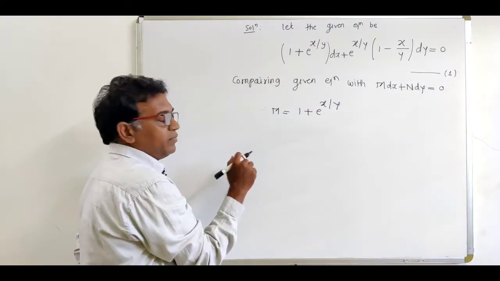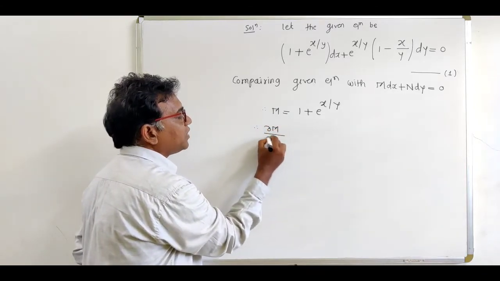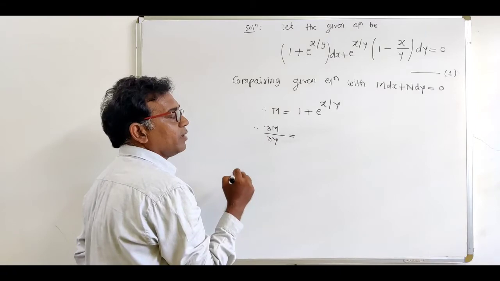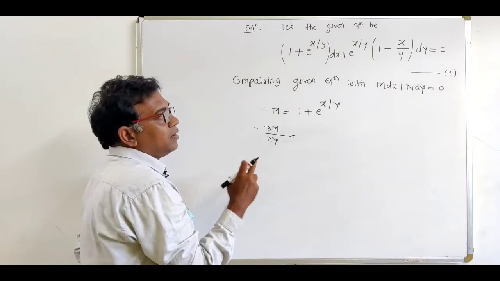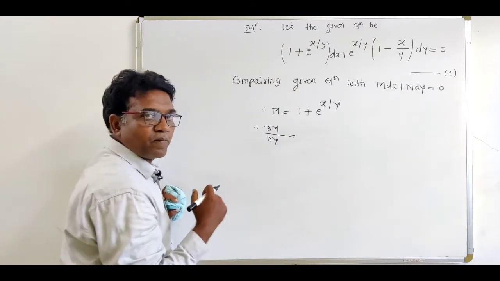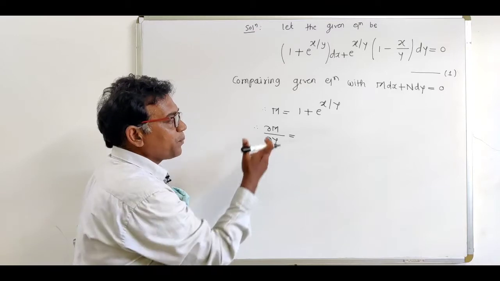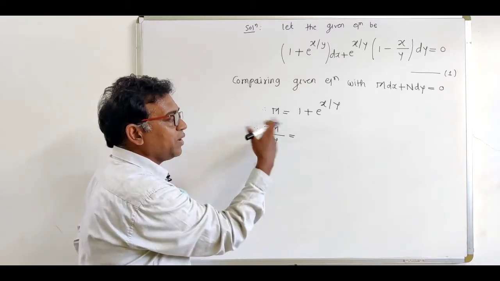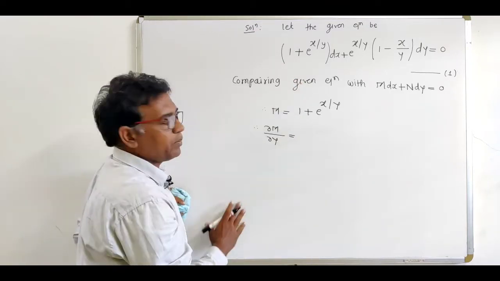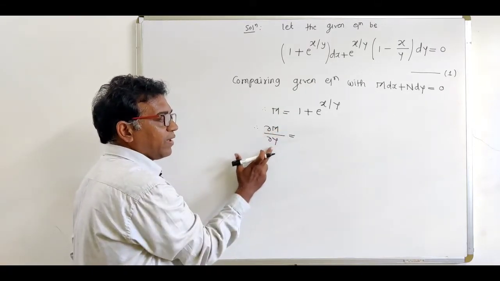Now from M, we have to find out the partial derivative with respect to y. We want to check the given differential equation for exactness, so first of all we want to find out these two derivatives, del M by del y and del N by del x. So find out this partial derivative del M by del y.